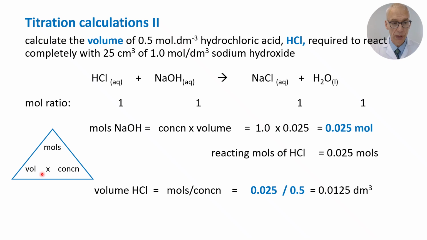So volume is moles divided by concentration, 0.025 divided by 0.5 moles per decimeter cubed. So the volume is 0.05 decimeters cubed, which comes out as 50 centimeters cubed.